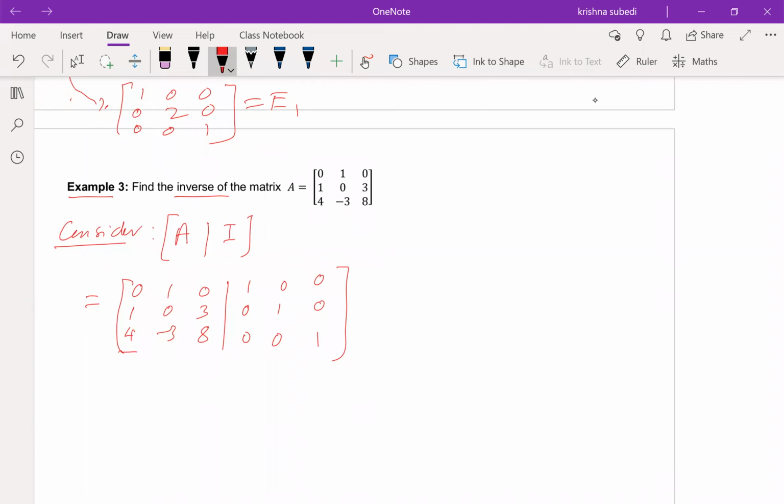Now, the whole idea is to convert the left part of the matrix into the identity matrix.